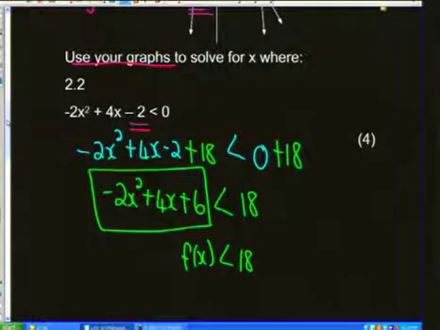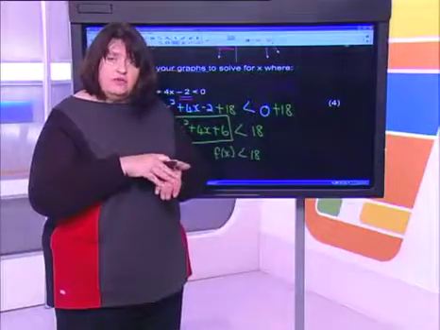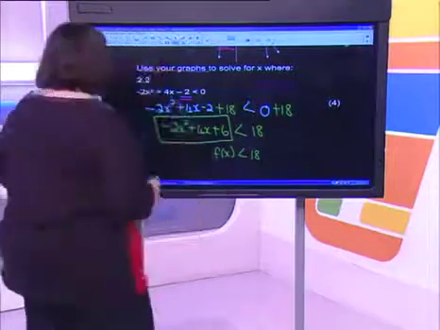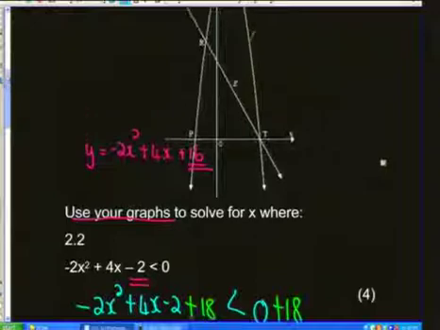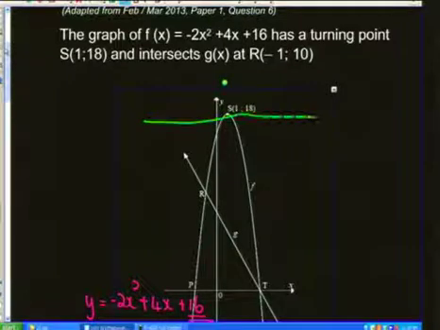Now I have to use the graph, because that was the question, use the graph. So that means I had to get the equation of the graph in order that I could go to the axis and read off the solution. So let's have a look at it. Okay, so now they want to know, when is this graph less than 18?